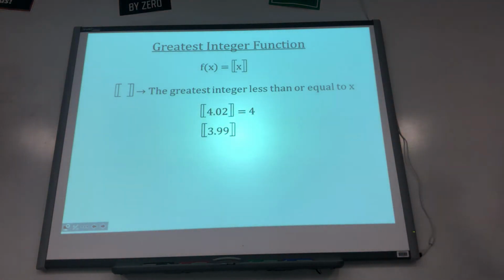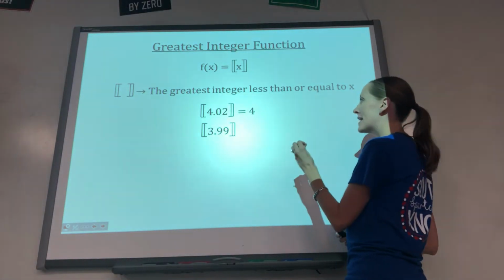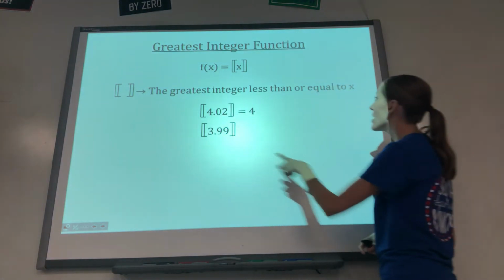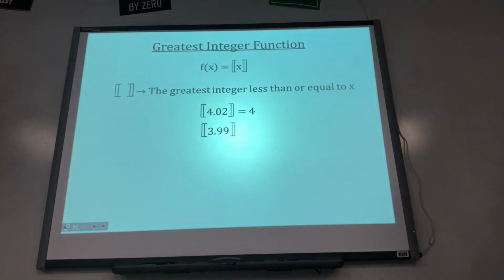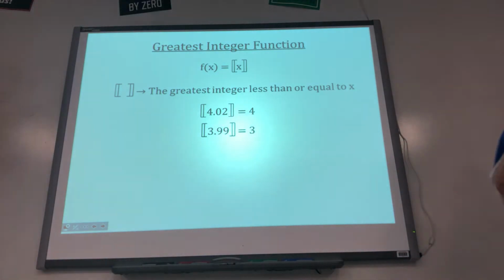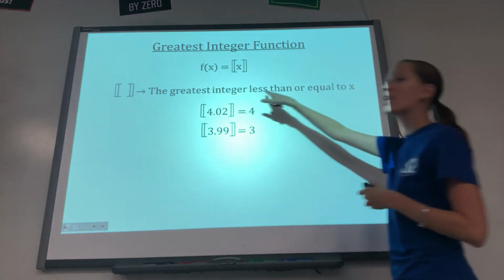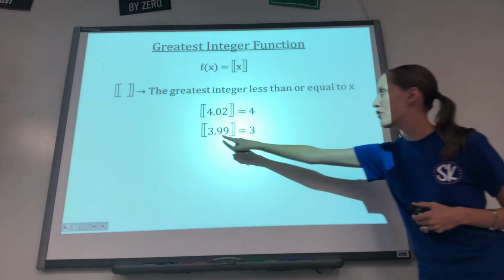What if I had a 3.99 in there? What is the biggest integer less than or equal to 3.99? 3. Sometimes you feel like you have to round that up, but again, it's the greatest integer less than 3.99.